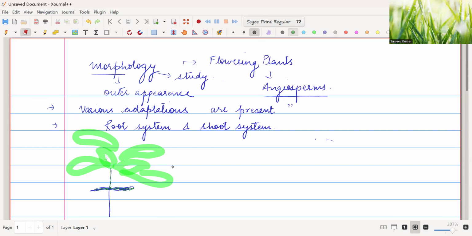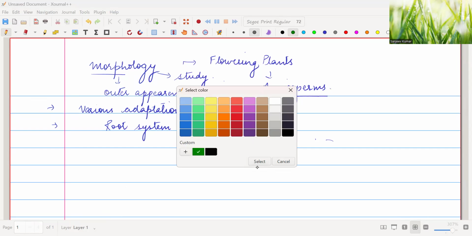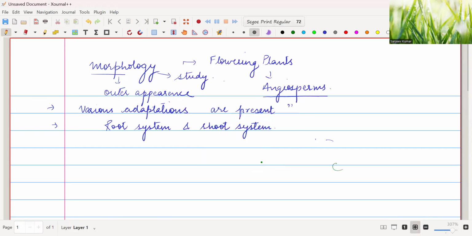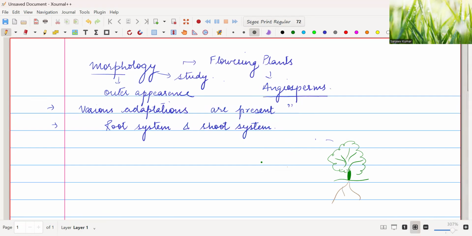Just wait a minute. If a plant is growing here, we can see the green plant, as well as if we need to see the root system of a plant, then later on we can see the root system, and probably the different parts of the plant.